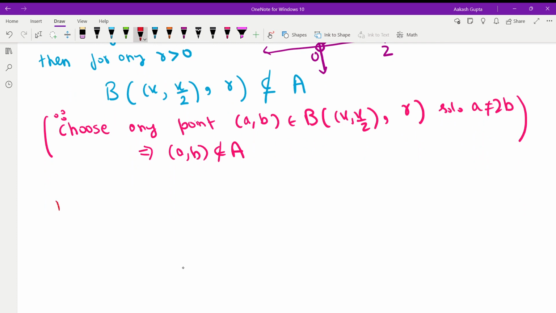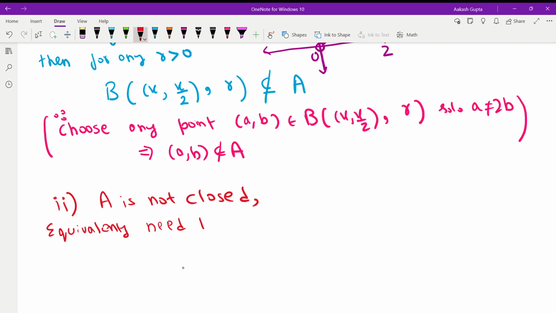let us do the other thing. A is not closed. So what do you have to show equivalently?